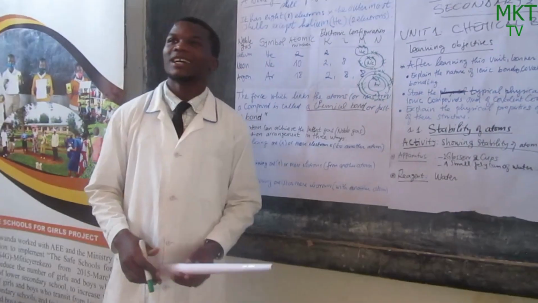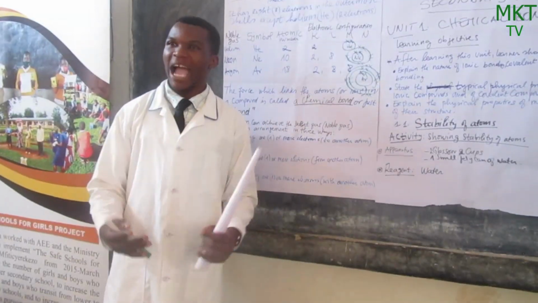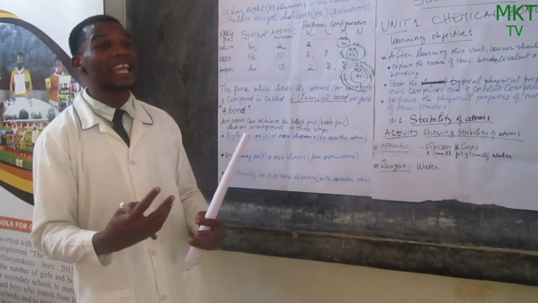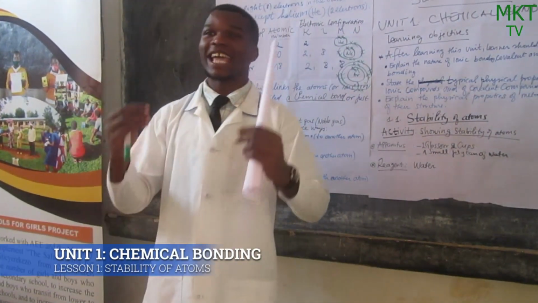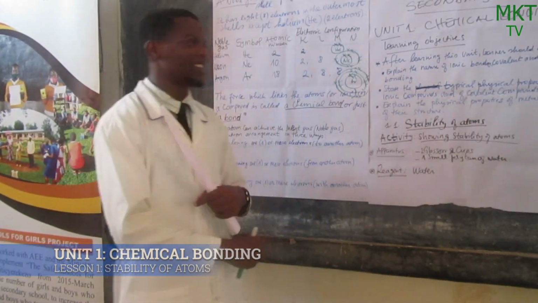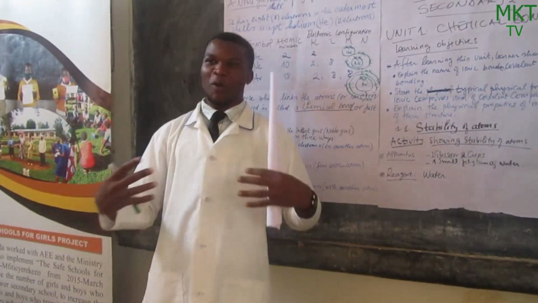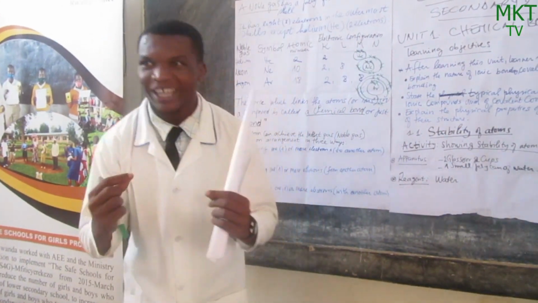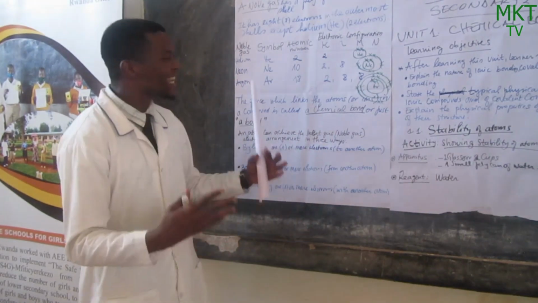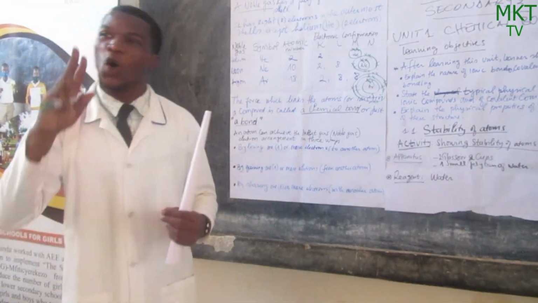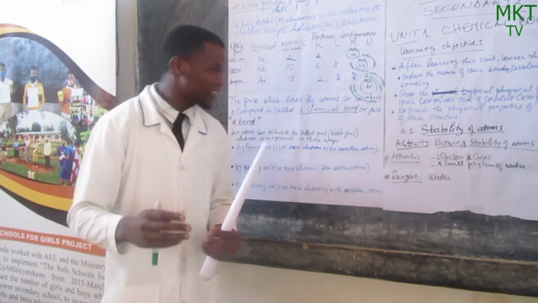Atoms combine with one another to achieve the noble gas electron arrangement and become more stable. So, when atoms combine to form compounds, each atom gets 8 electrons in its outermost shell, or 2 electrons as in helium.